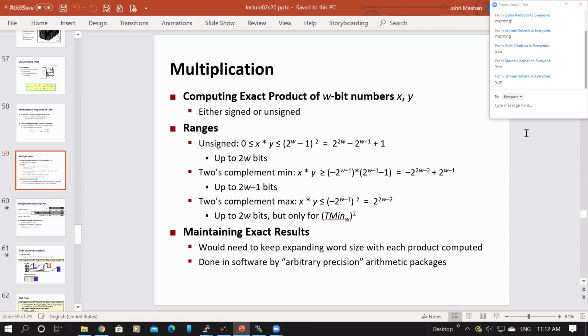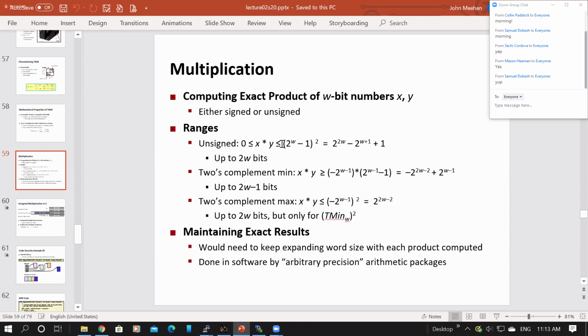So if we look at an unsigned value and contemplate doing multiplication, an unsigned value is always greater than or equal to 0, right? It doesn't represent negatives, it just represents magnitudes. And if we multiply two unsigned values together, the result will always therefore be greater than or equal to 0.